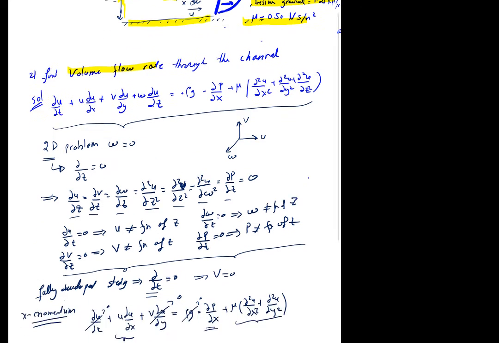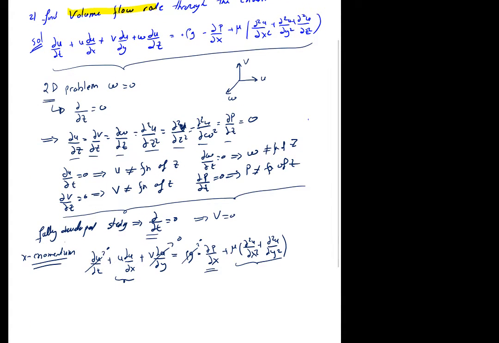But from continuity, which is also known as mass conservation, which is given by rho times du by dx plus dv by dy plus dw by dz, is conserved, so it's equal to 0.